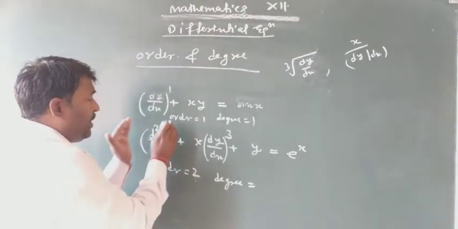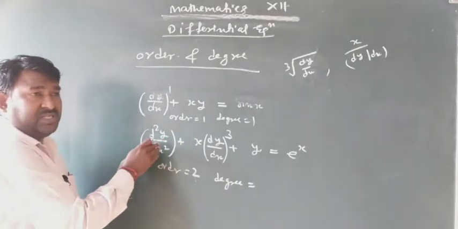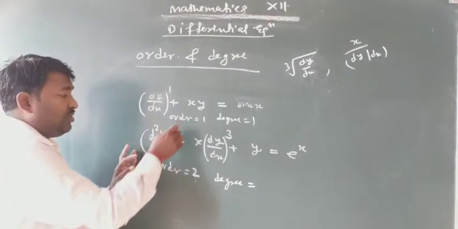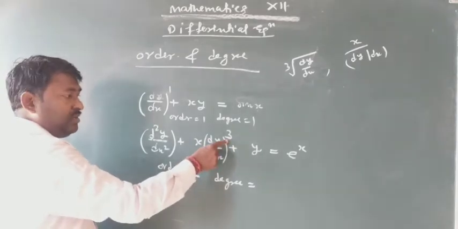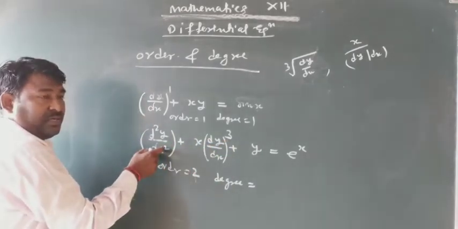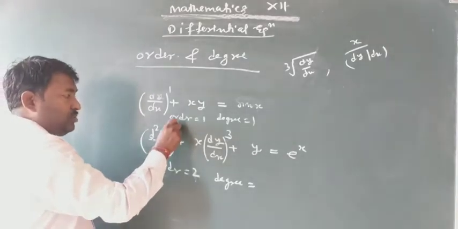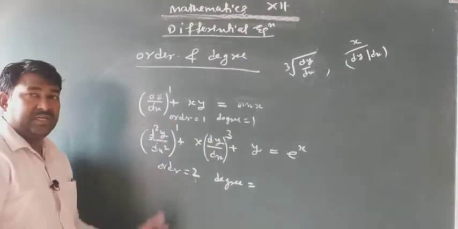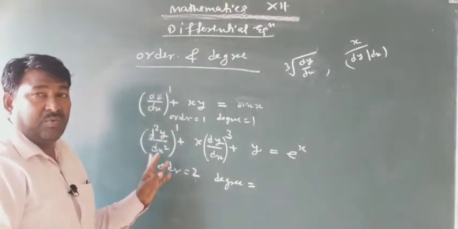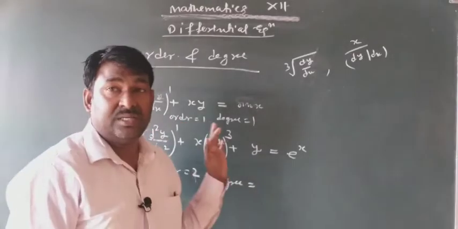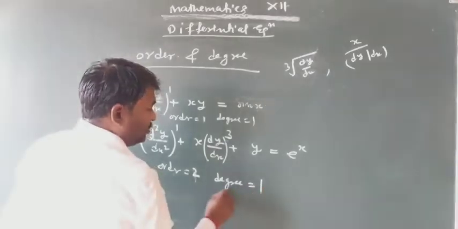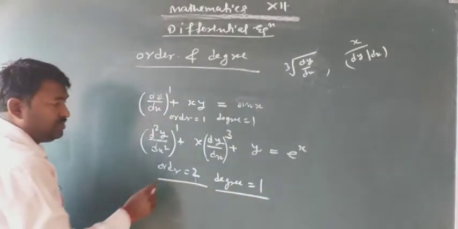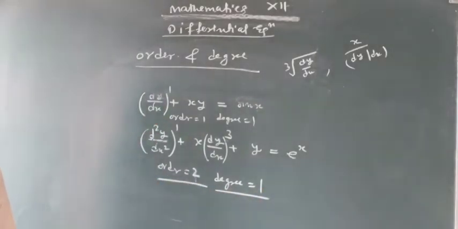Now, what is the power of the maximum order derivative? That is called the degree. Even though the first order derivative has power 3, the second order derivative has power 1. So your degree will be decided by the power of the highest order derivative, which is 1 here. So degree is 1 and order is 2. Okay.